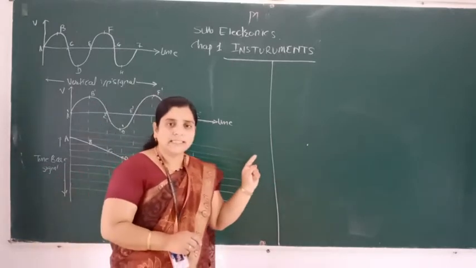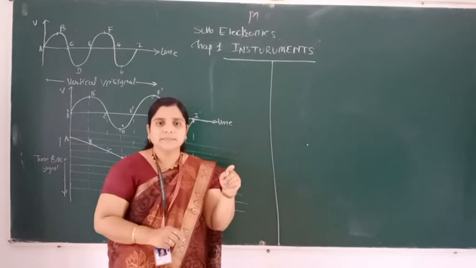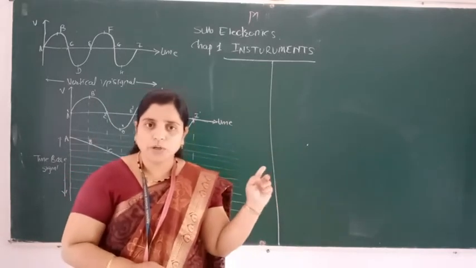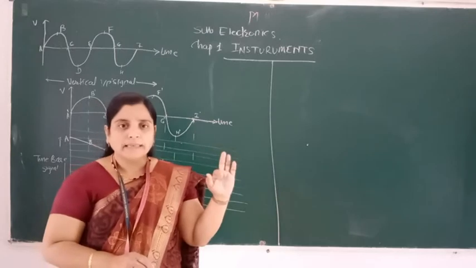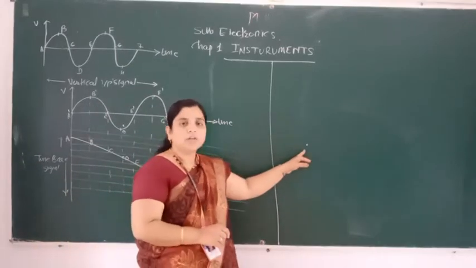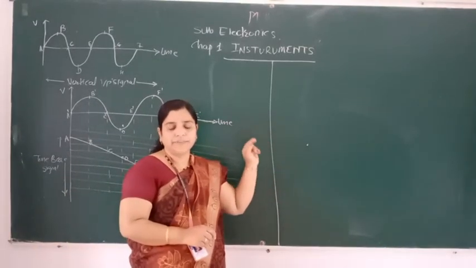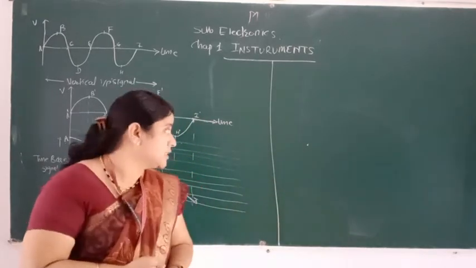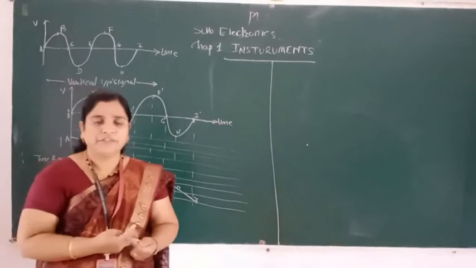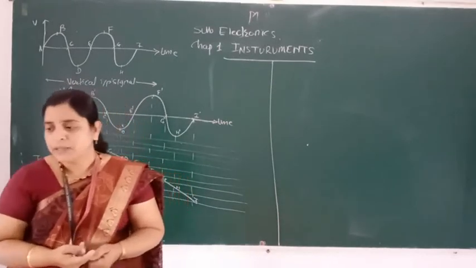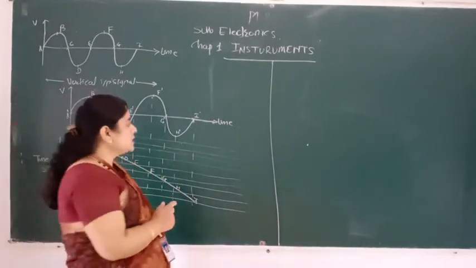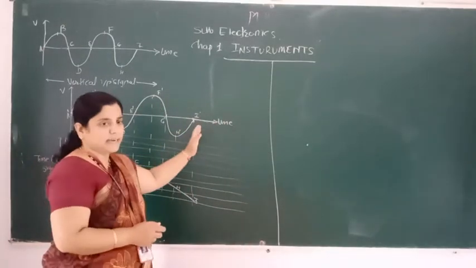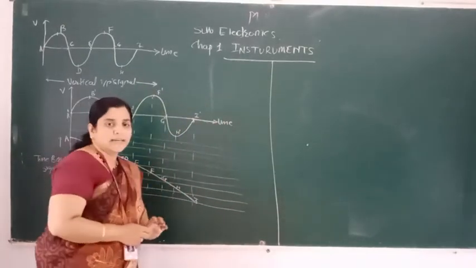If a DC signal is given, then we will observe the spot, and that spot will have positive potential. If an AC signal is given, it will be in movable form. It moves according to the AC frequency, whatever comes in the plug. Next point: it moves to the left side and right side, upside and downside.